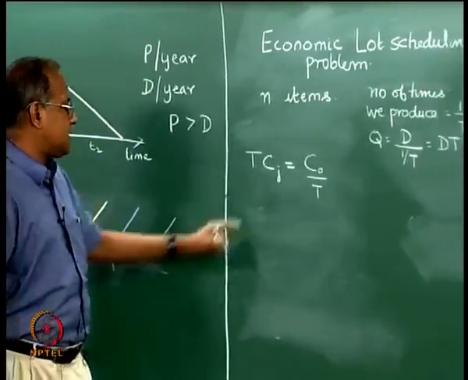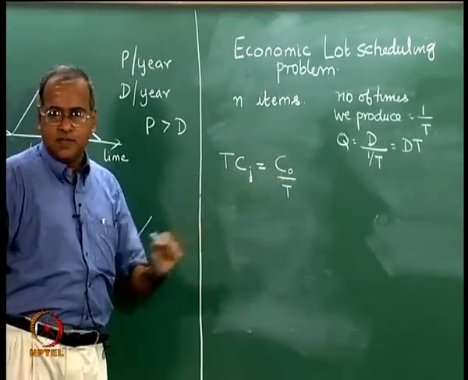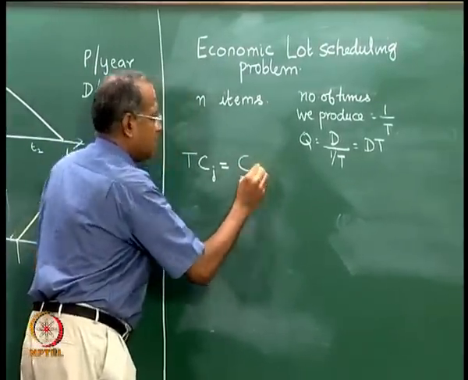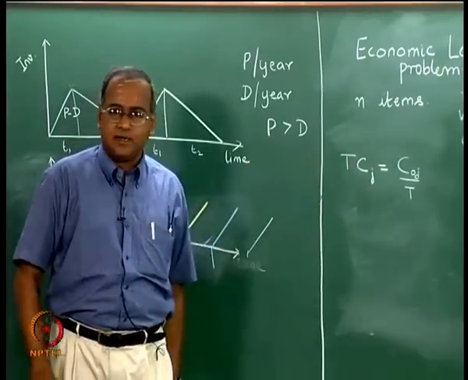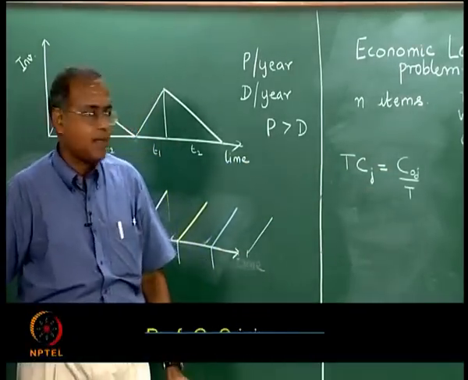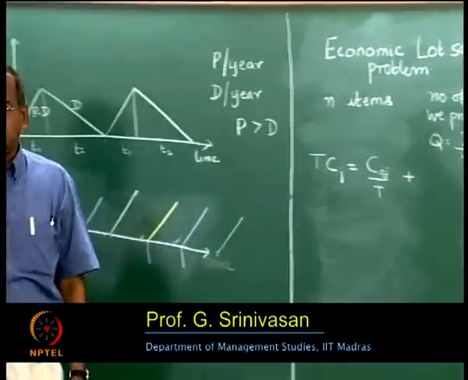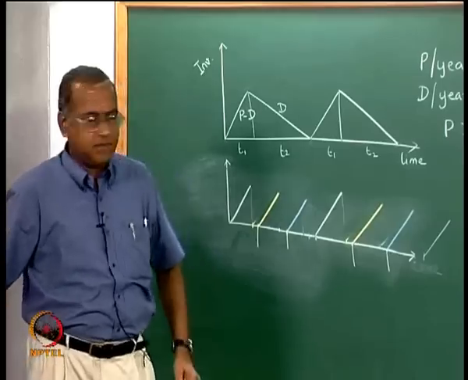Now, if C naught is the same for all the items, then we call it C naught. If the jth item has C naught j, then this is the total setup cost for the jth item, C naught j by T. Now, what is the inventory holding cost? The inventory holding cost is the average inventory times CC.